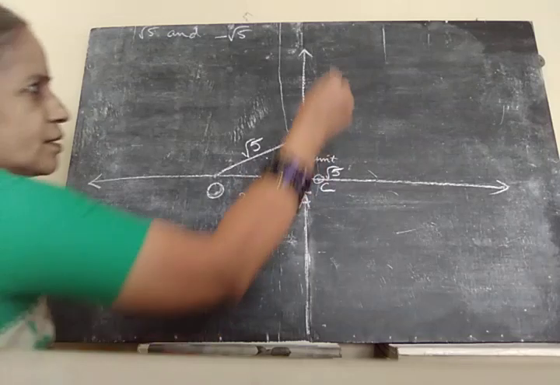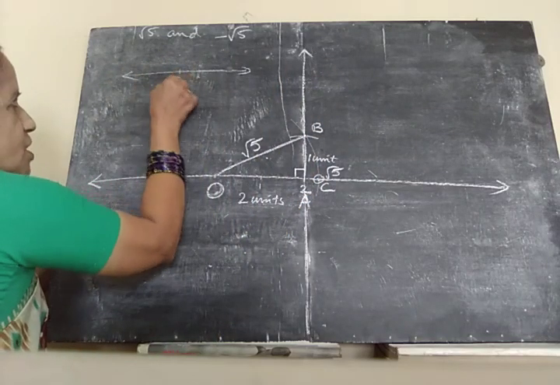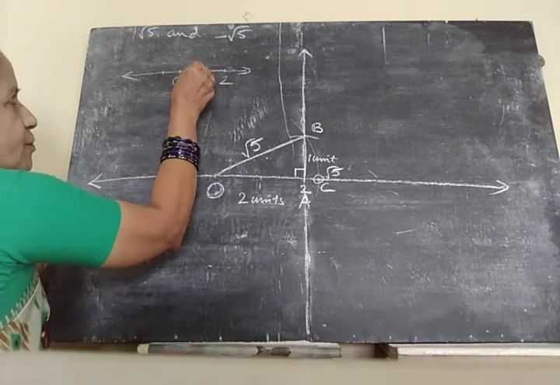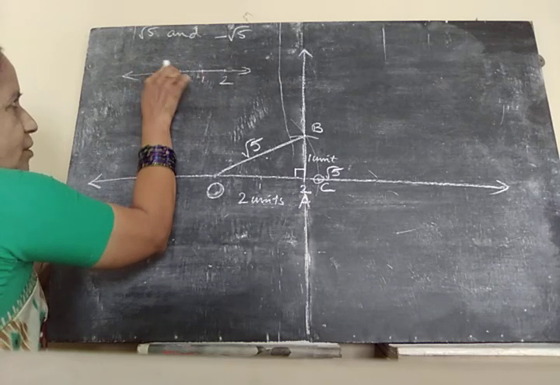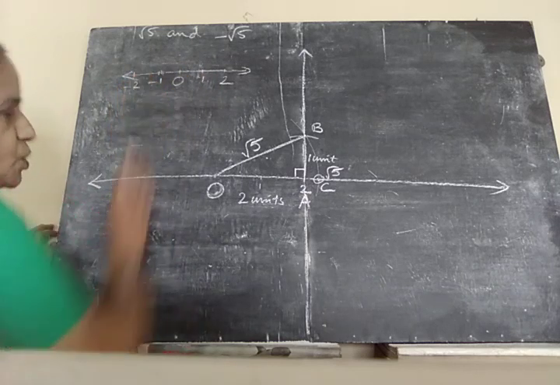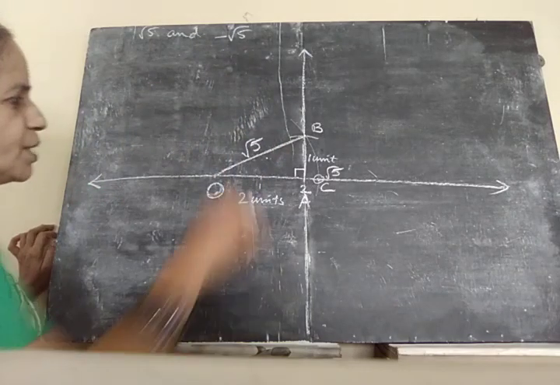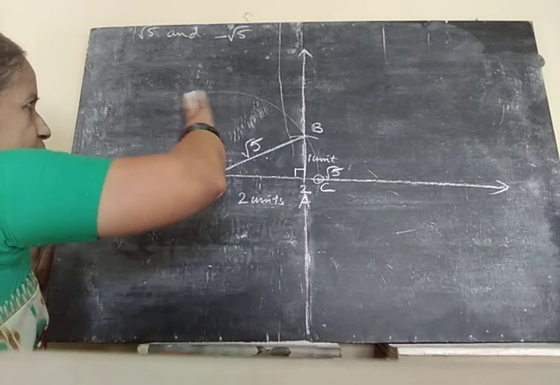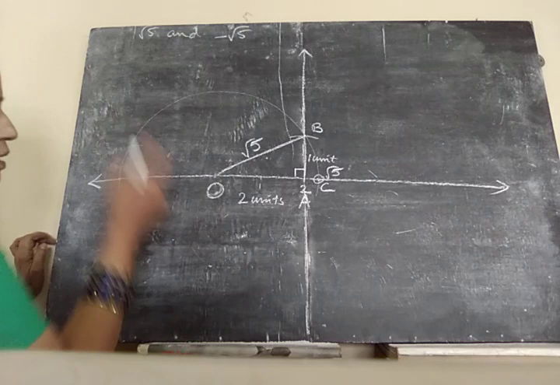Now what about minus root 5? Same. See, on the number line, suppose this is 0, this is 1, this is 2, and here to the left the same 1 unit is minus 1, like that minus 2. The same measure only. So now the same measure OB, left of 0, coming like that, draw an arc cutting left of 0.